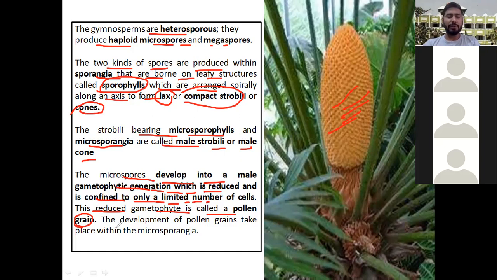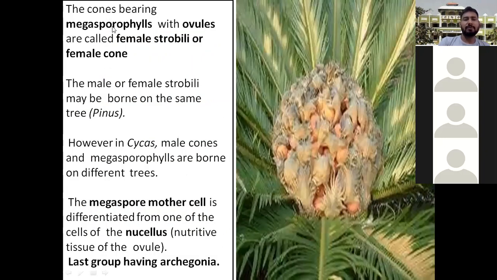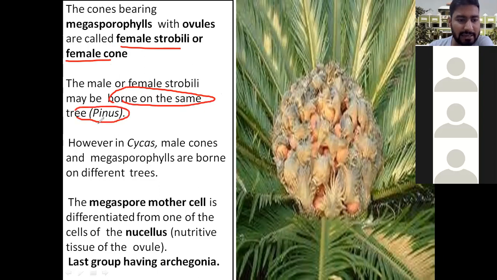Now you can say the development of pollen grain takes place within the microsporangia. Next, the cones bearing megasporophylls with the ovules are called female strobili or female cone. We are talking about the female reproductive structure. The male and female strobili may be borne on the same tree, that is the monoecious condition, as in Pinus.